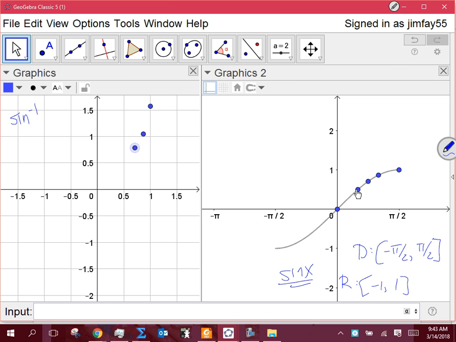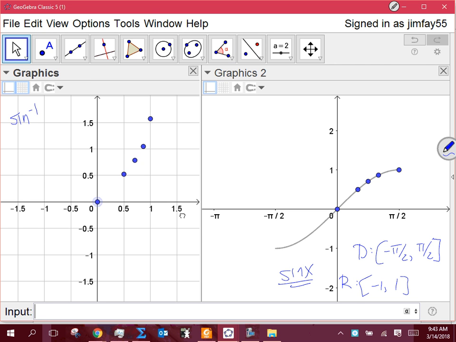This one here is pi over 6 comma 1/2, so it's going to be 1/2 comma pi over 6. We should have 0, 0 again. And you start to see kind of what happens with this curve. It's going to do that behavior, right? Does that make sense? Okay, if we start plotting these points down here as well.